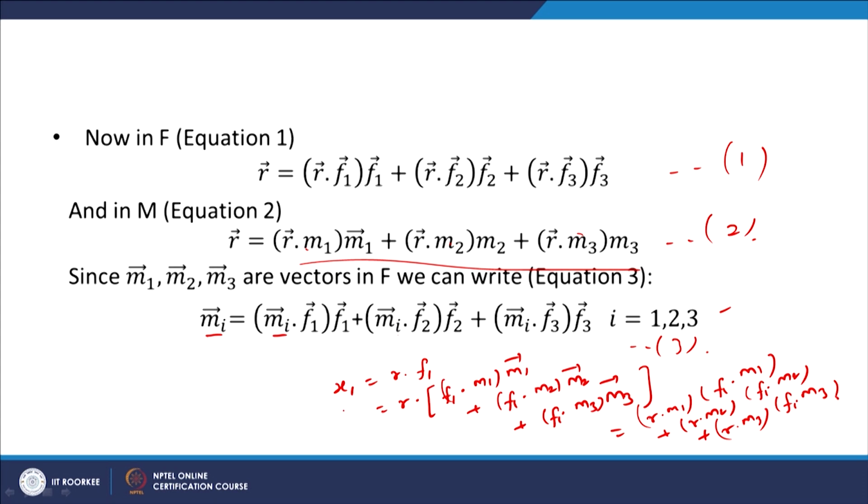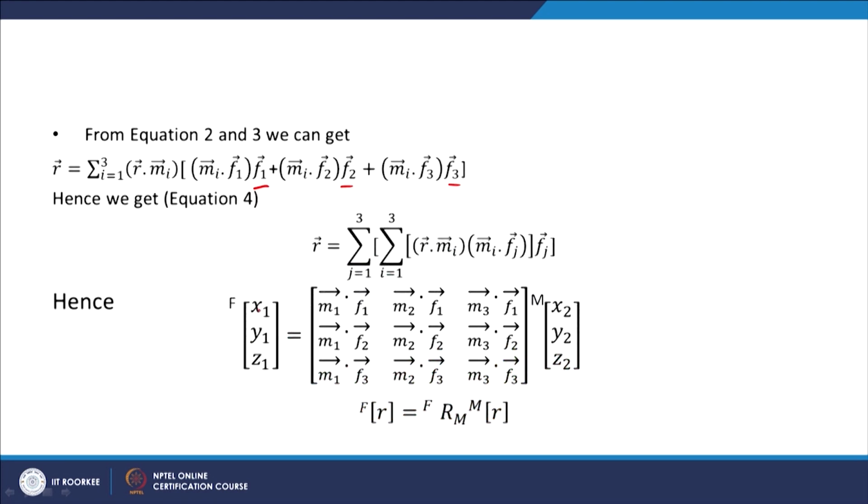So, the value x1 is written like this. Similarly, the value y1 can be written as r dot f2. In the place of f2, if we substitute this expression, wherever f1 is there we will replace it with f2, and similarly for z1 we get a similar expression. So, from these 3 equations we get x1 written as m1 dot f1 into x2.